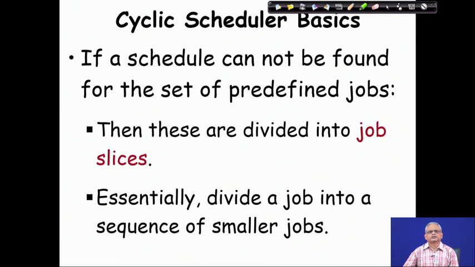So, then we need to divide some tasks into smaller jobs or job slices and then retry the methodology. So, compared to the simple cyclic executive and the table driven scheduler, here, for the system programmer who is trying to run a set of real time tasks on a cyclic scheduler, the development of the schedule is non-trivial.